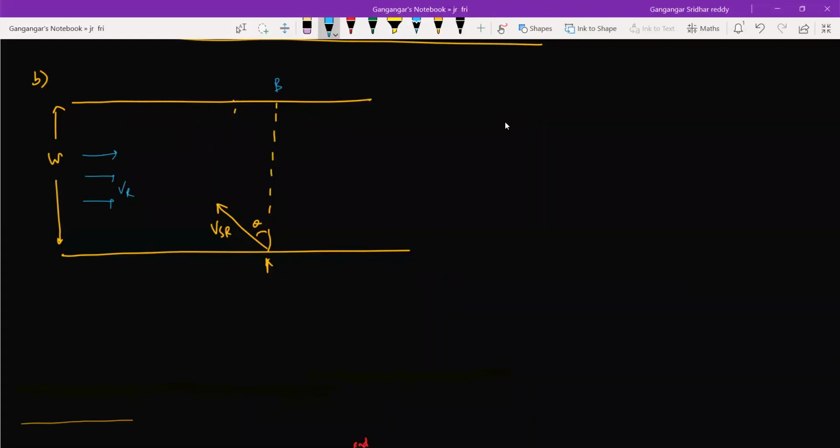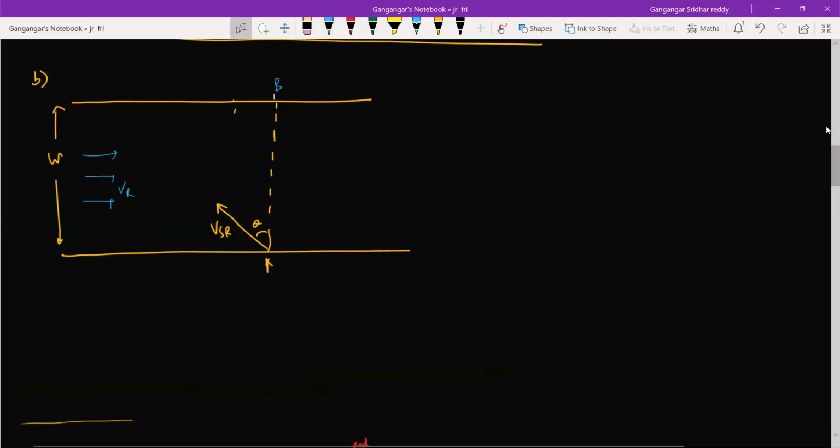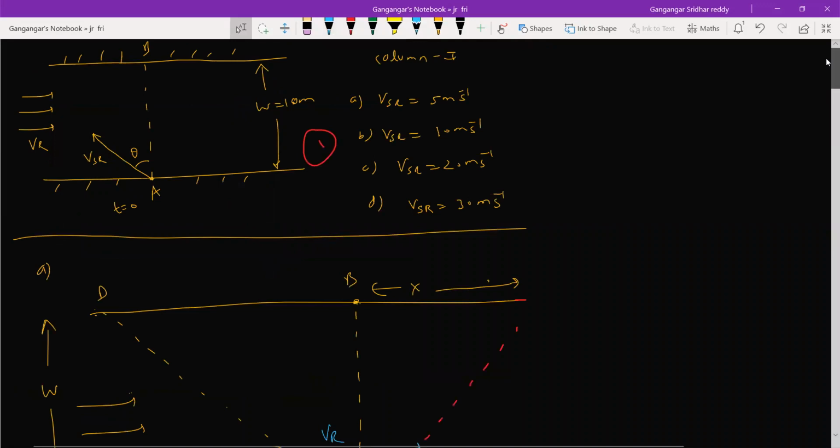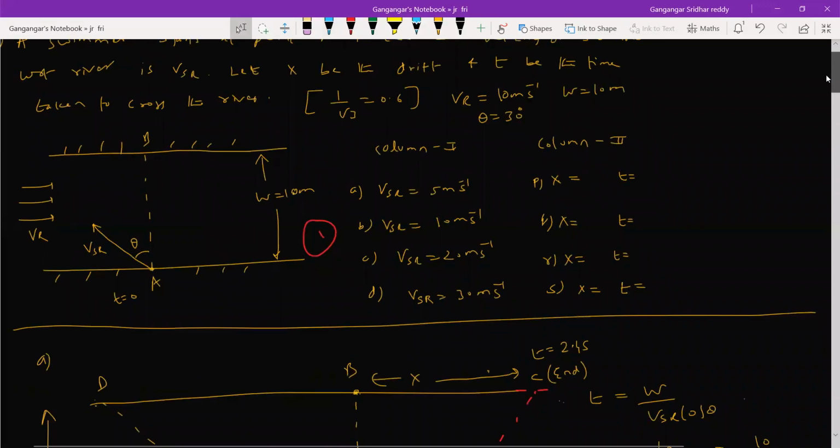This is point B. VSR in this case is 10. Can anybody give me the values? T equal to?